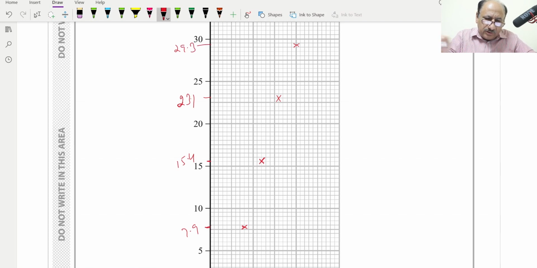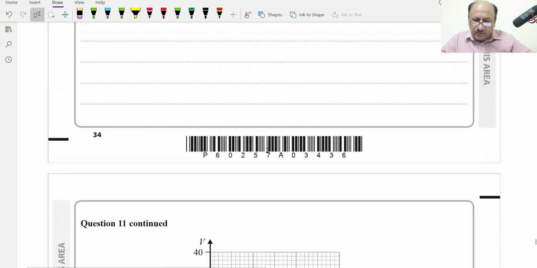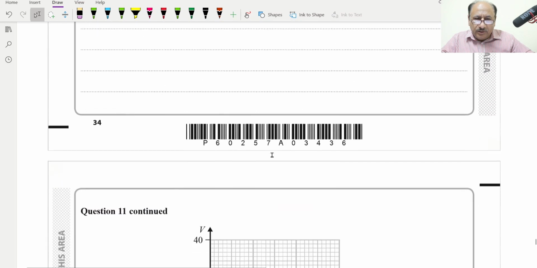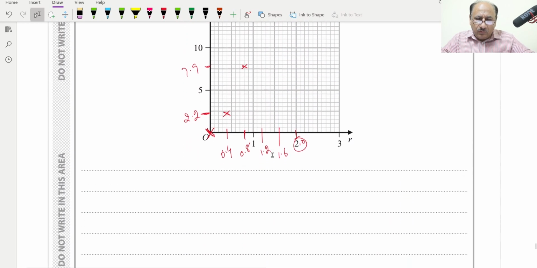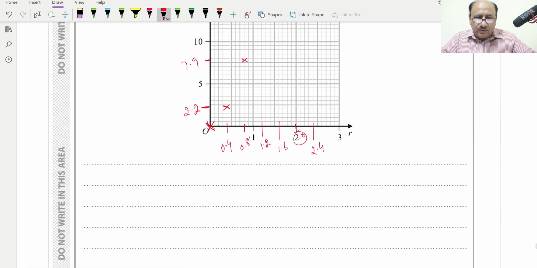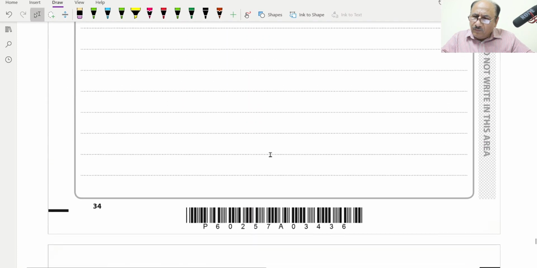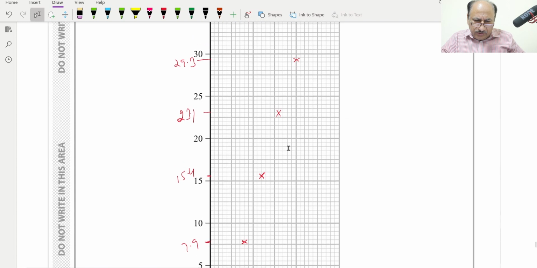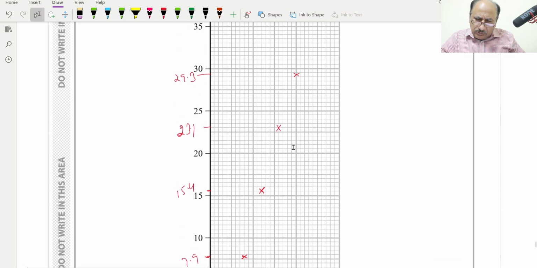And the last value, I think, is 2.4 and 32.6. 2.4 will be over here, and the top reference is 32.6. So 32.6 will be closer to this point.